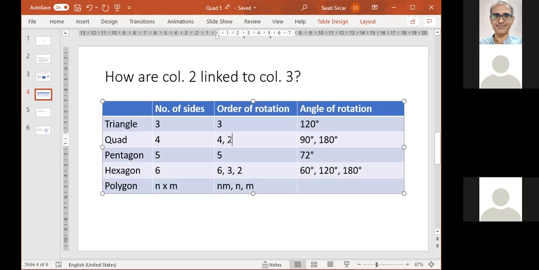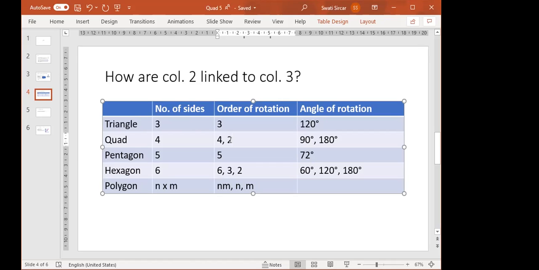It's interesting to observe that if you look at a hexagon, it is not necessary that every hexagon will have an order of rotation 3. The one that I had annotated before will never have a rotation of 180 degrees. So you can see that there is no common such thing here.